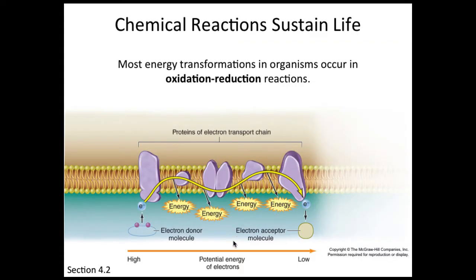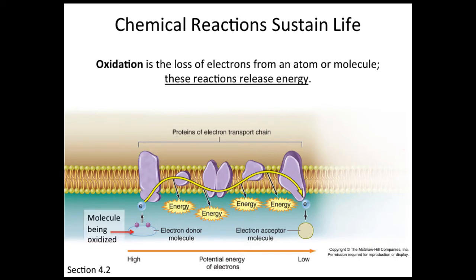Most energy transformations in organisms occur in oxidation reduction reactions. On the screen now, we can see a phospholipid bilayer with a bunch of big proteins embedded in it. Oxidation is the loss of electrons from an atom or a molecule.